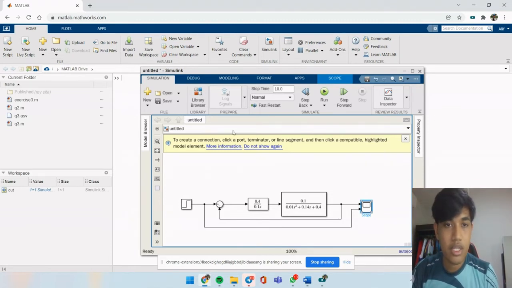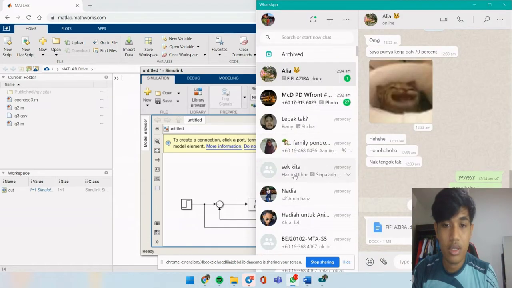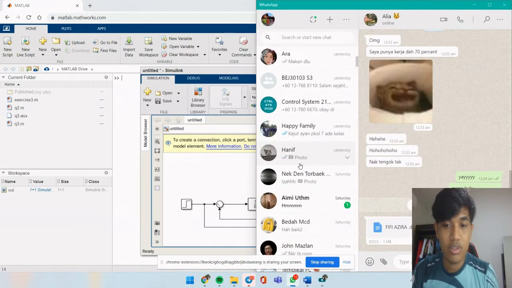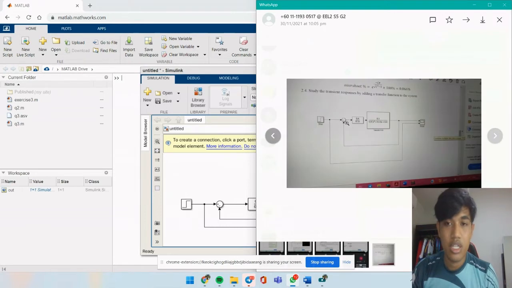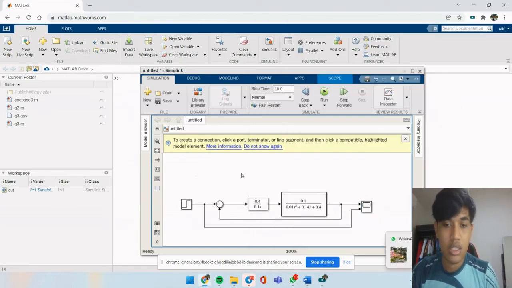Today I will present 2.4, where we study the transient response by adding a transfer function to the system. I use this diagram and apply it to Simulink.